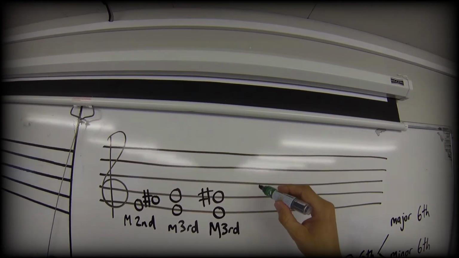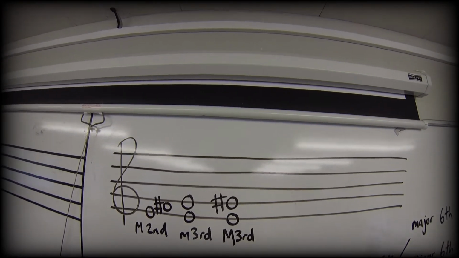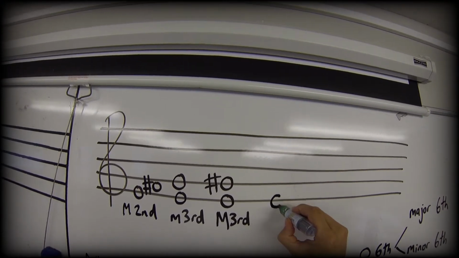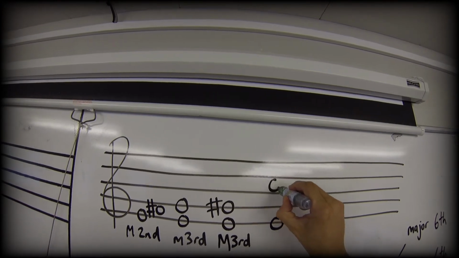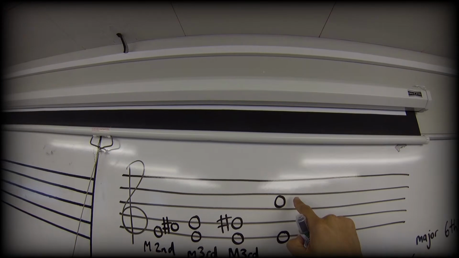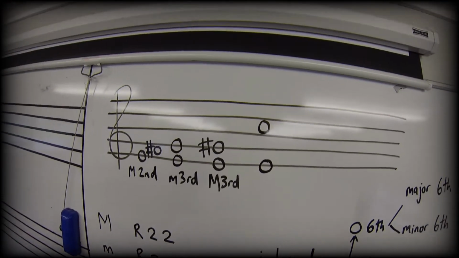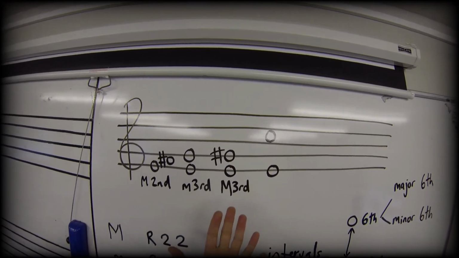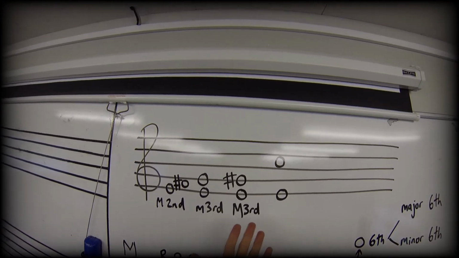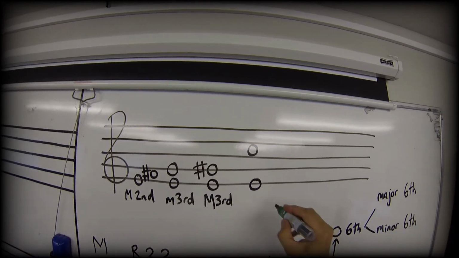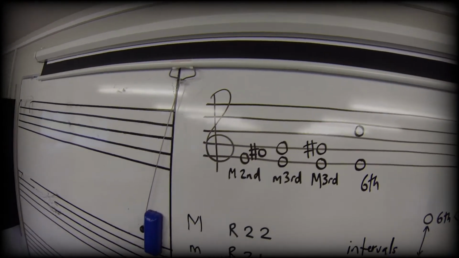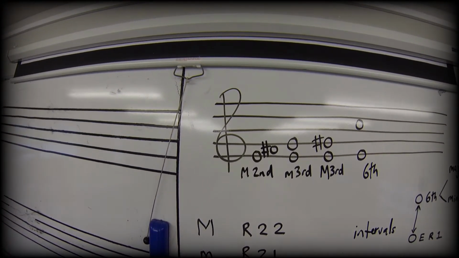Let's skip over the fourth and the fifth because they are perfect intervals, and let's go straight to the sixth. I'll start with this one, la, la. Now, I'll count it on my fingers. 1, 2, 3, 4, 5, 6. It's definitely a sixth. And then I need to ask myself, did I use the minor scale or the major scale?